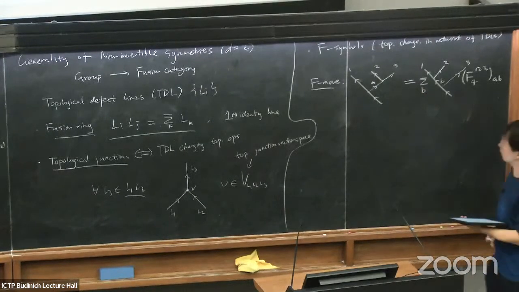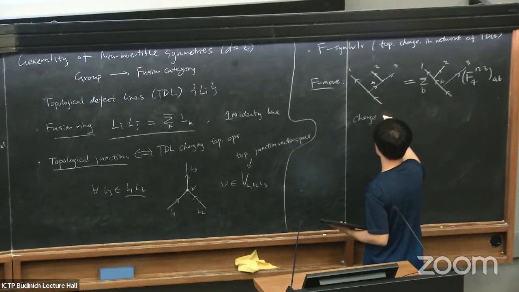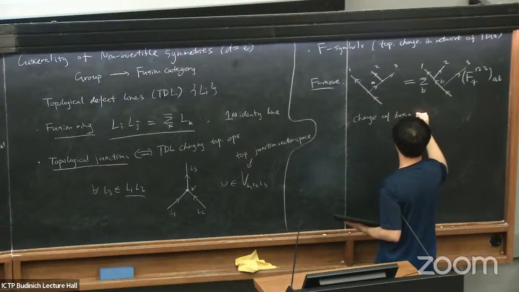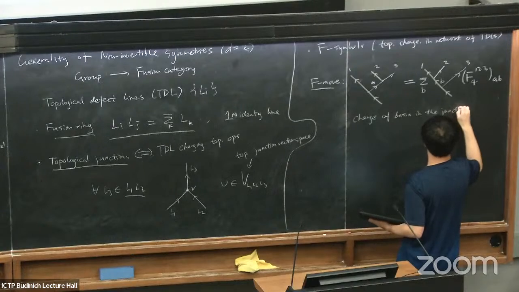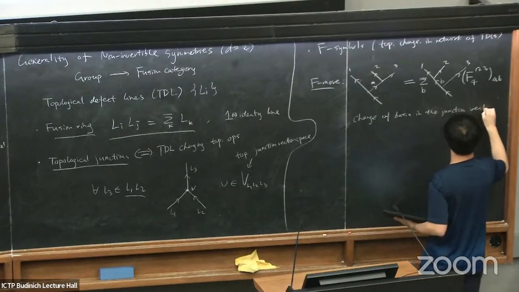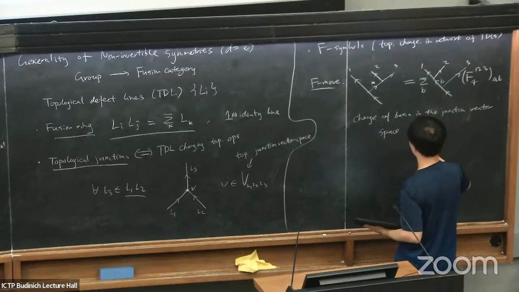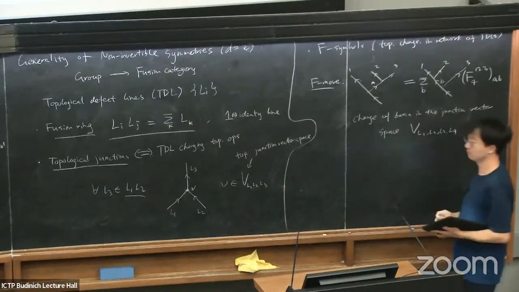Okay. So why do I say this is a change of basis? What I mean precisely is that this is a change of basis in the junction vector space between 4 external lines, L1, L2, L3, and L4.